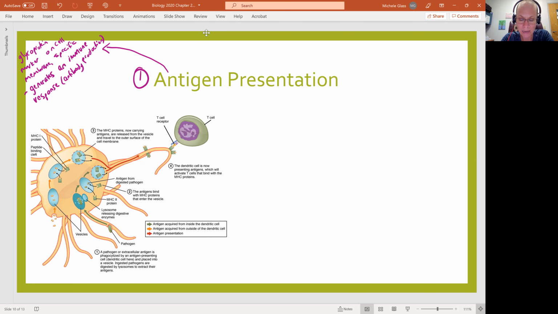When we talk about antigen presentation, what we see happening, number one, is that foreign antigen becomes internalized by the cell. And there's two ways that this happens.